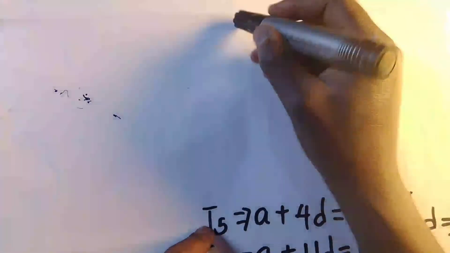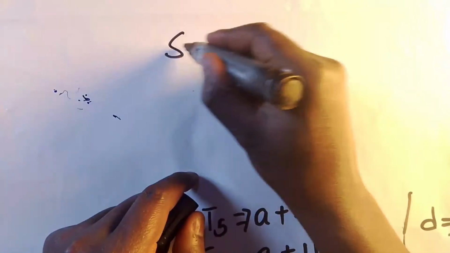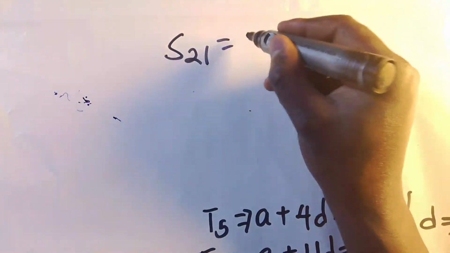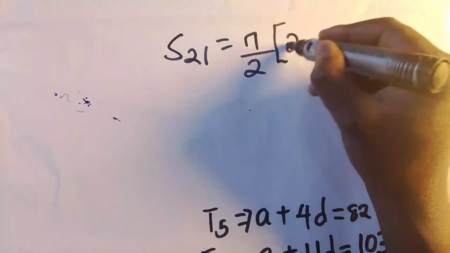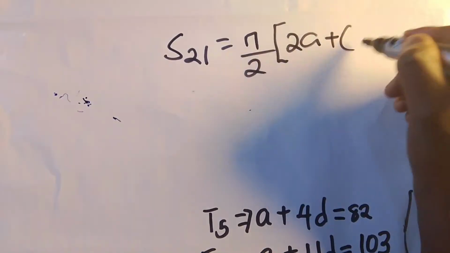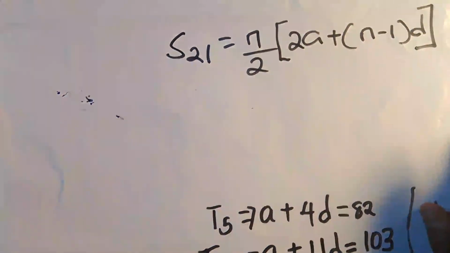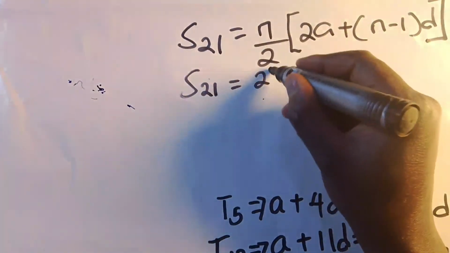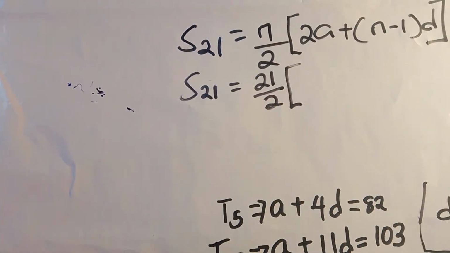The sum of the first 21 terms. So tunajua sum ni n over 2 into brackets 2a plus n minus 1 d. So the sum of 21 will be equal to 21 over 2 into brackets 2a.